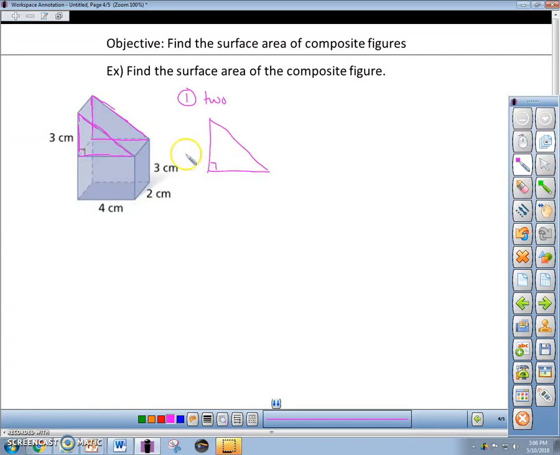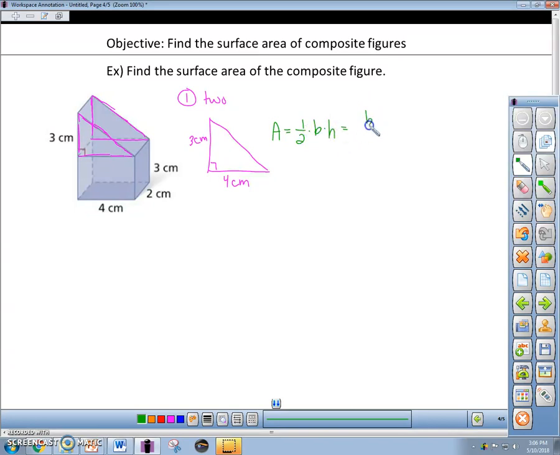What I know is that this edge measurement is 3 centimeters, and this edge measurement, which is parallel to this, is 4 centimeters. And area of a triangle, remember, is 1/2 times the base times the height.